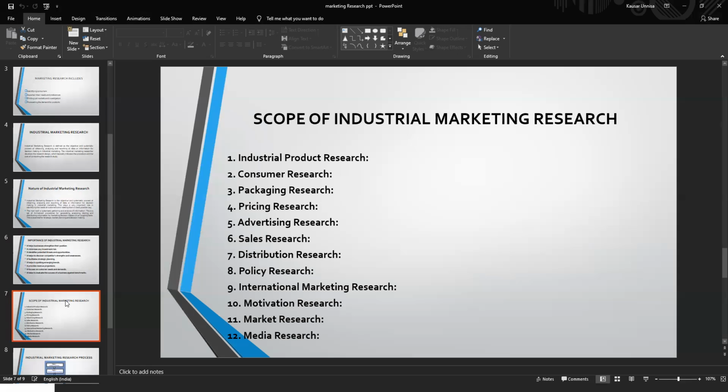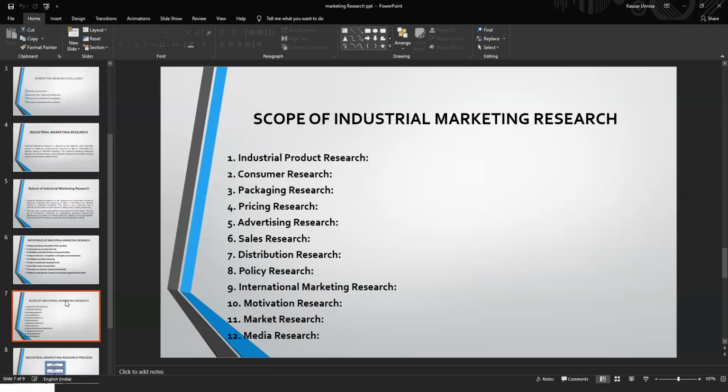It identifies the channel, how it functions in storage and grading, and also the competitors' channel. Policy research defines the company policies, evaluating the effectiveness of the marketing policies, sales policies, distribution policies, and pricing policies.